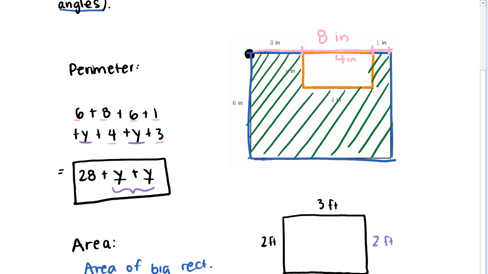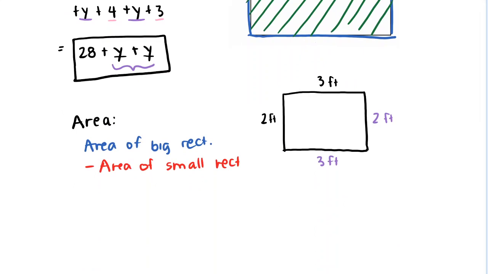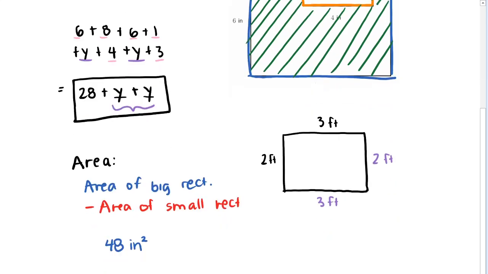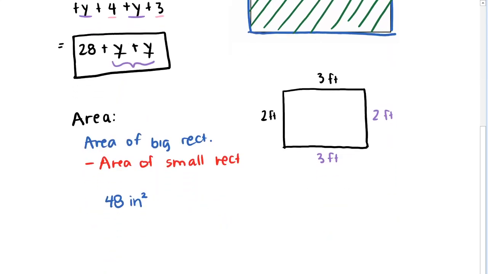And so the area of this big rectangle is 8 times 6, right? The length times the width. So the area of the big rectangle, 8 times 6, is 48. And here we're measuring area, so this is in inches squared.